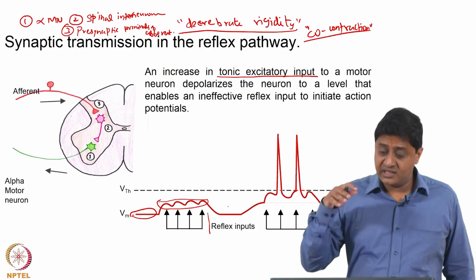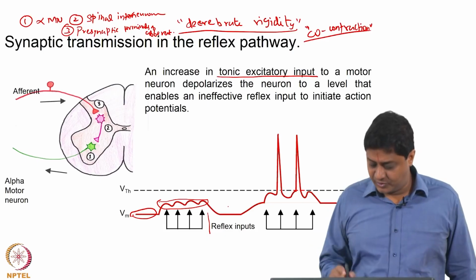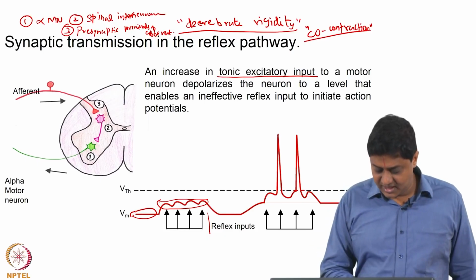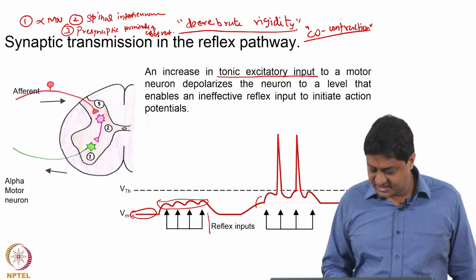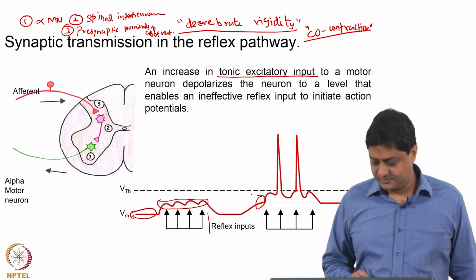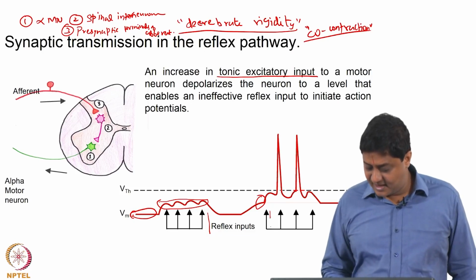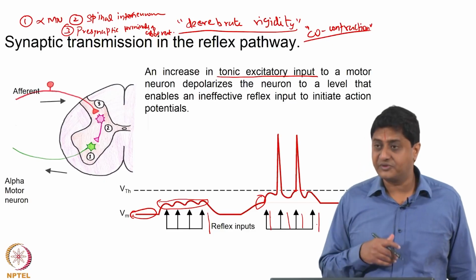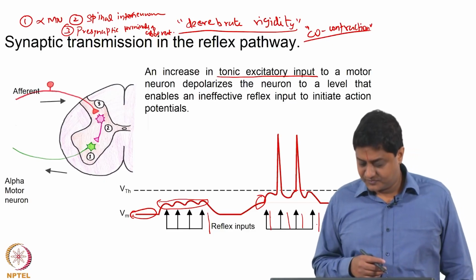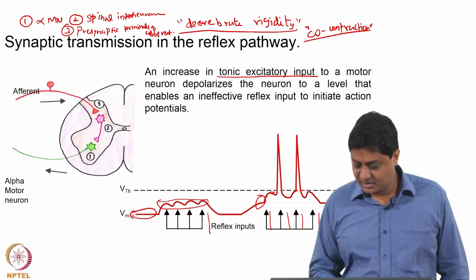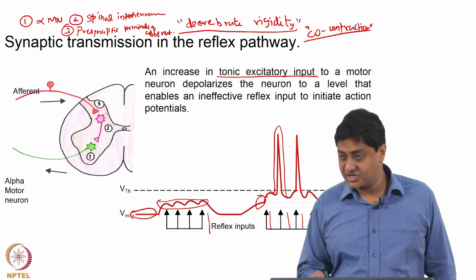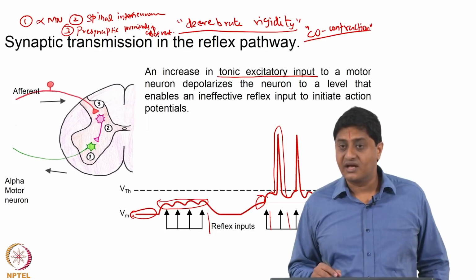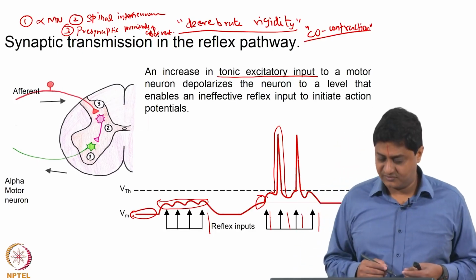Now, if I change the descending input to take the membrane potential to that state, and I supply the same amplitude stimulus that causes the reflex, that could take the system to action potential and cause a response that is measured.